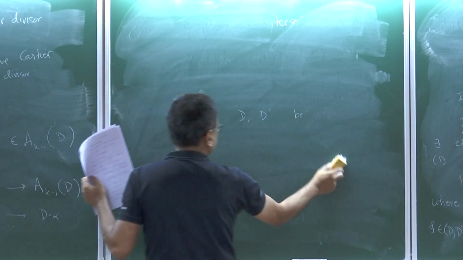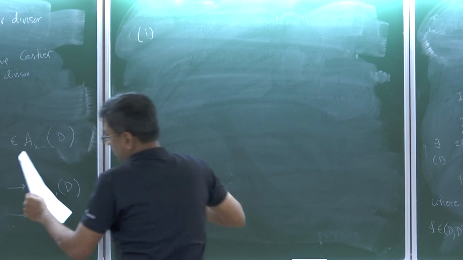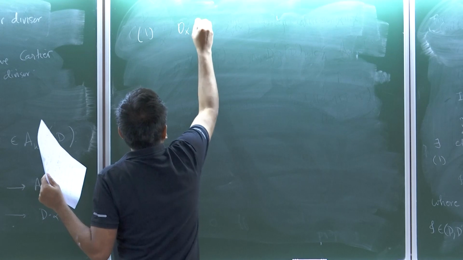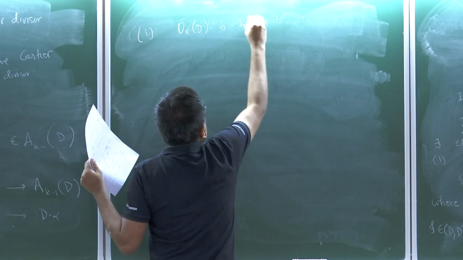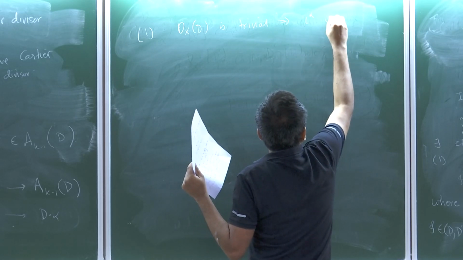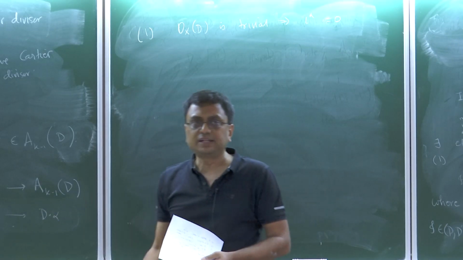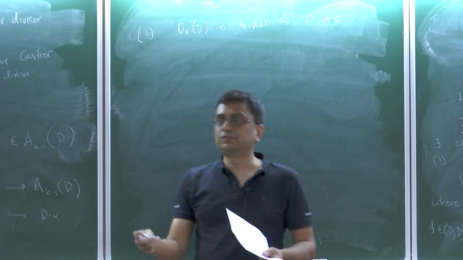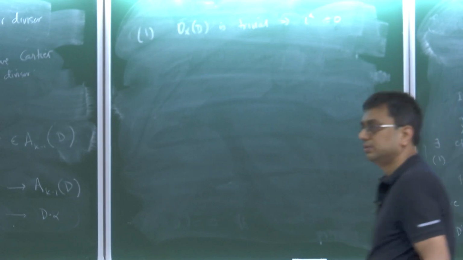So let me just state them. Let me just list some properties because later on they may be needed. So first is that if O_X(D) is trivial, then this implies that i upper star is a 0 map. That can be observed at the cycle level, because if D is trivial, D·alpha, the way it is defined, will be 0, right? So it will be rationally equivalent to 0.